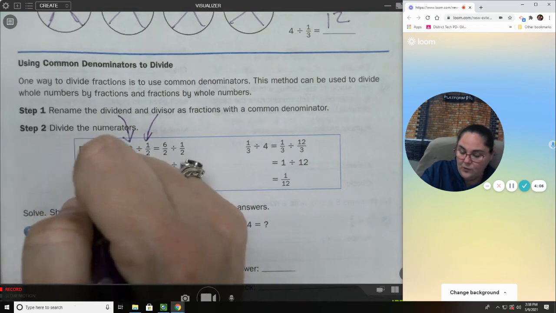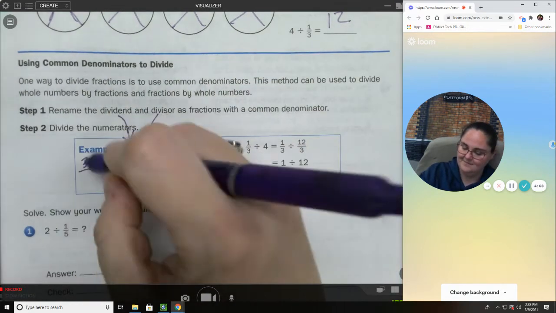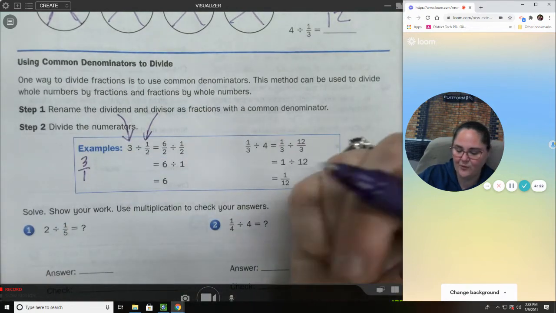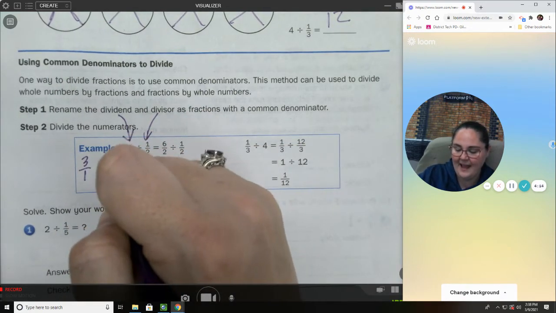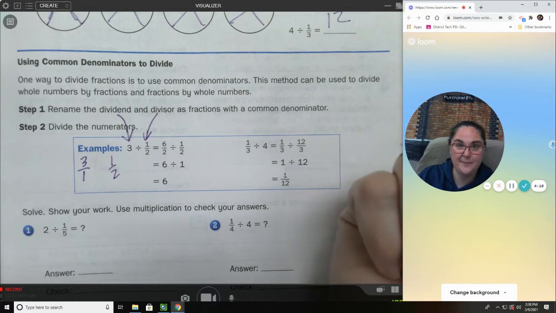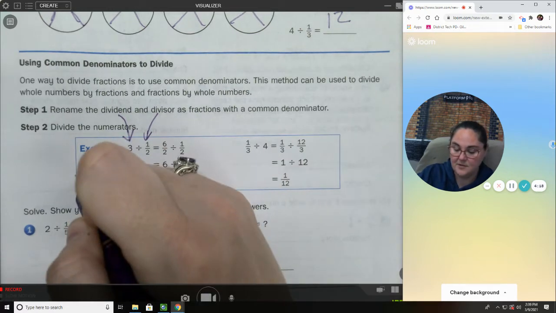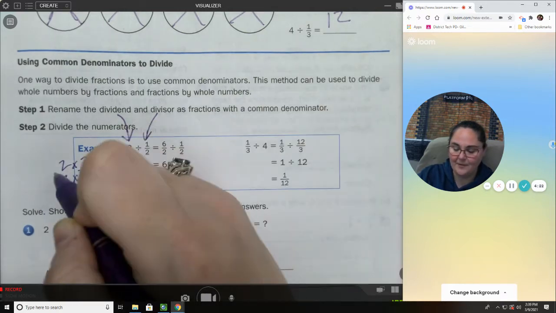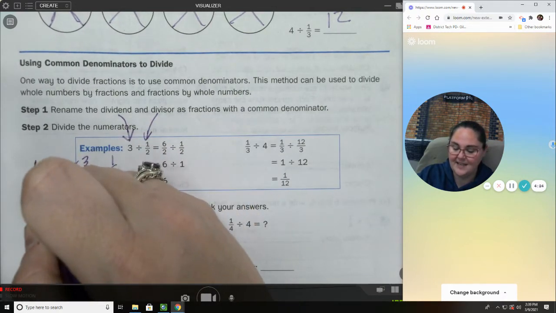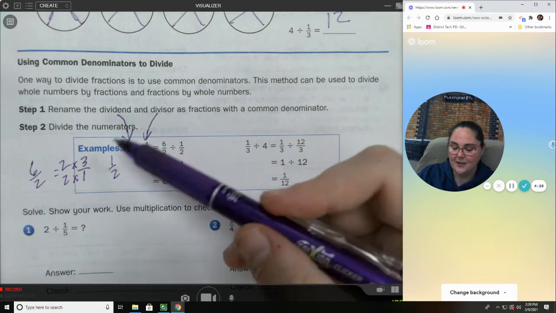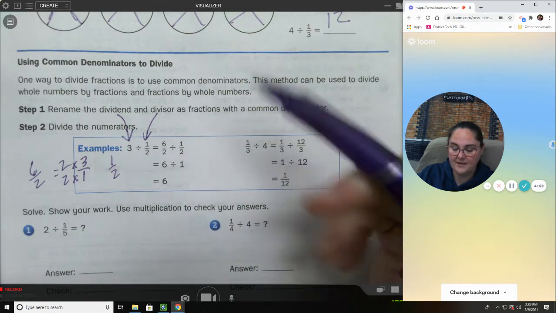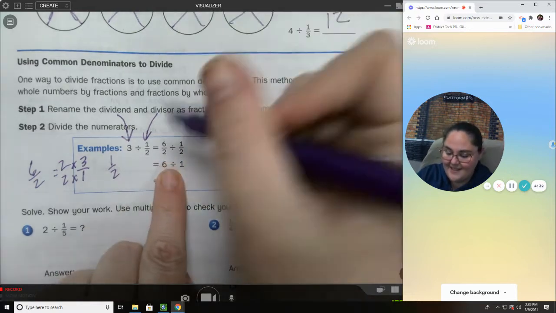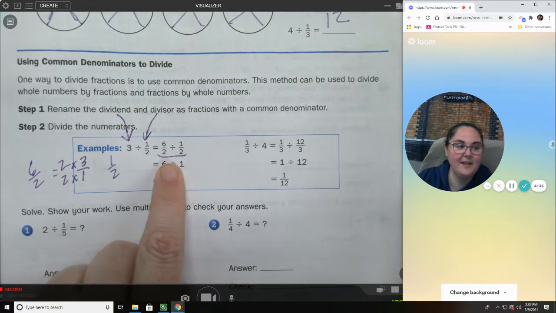So 3 over 1, and 1/2. My common denominator is going to be 2. Multiply by 2. Whatever I do to the bottom, I do to the top. So 6 halves and 1/2, right? I rewrote it. This is step 1. Done.